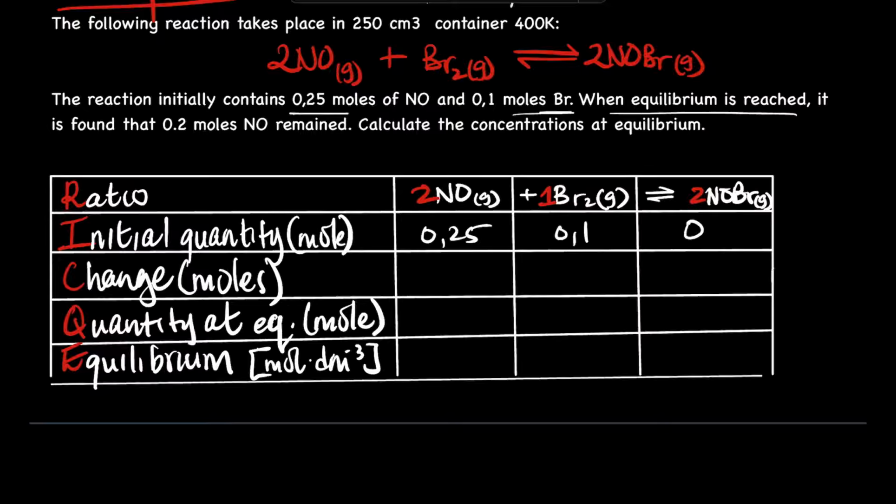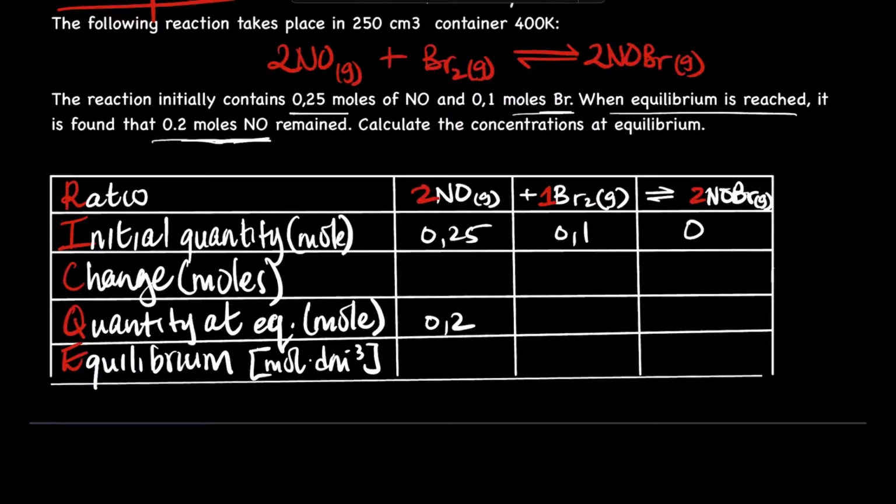We're told when equilibrium is reached, it is found 0.2 of nitrogen oxide remained in the container, which means it's the amount at equilibrium. From the initial amount, a certain amount has been taken, and what will remain is 0.2. Very important.